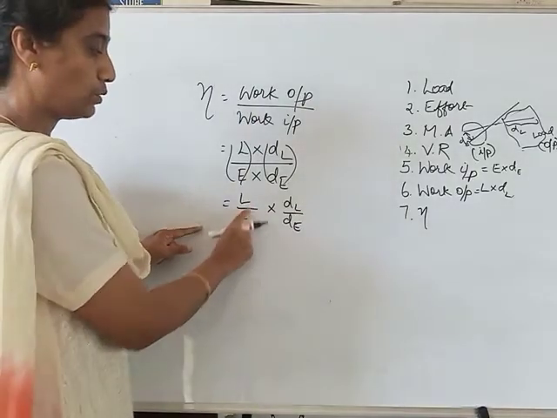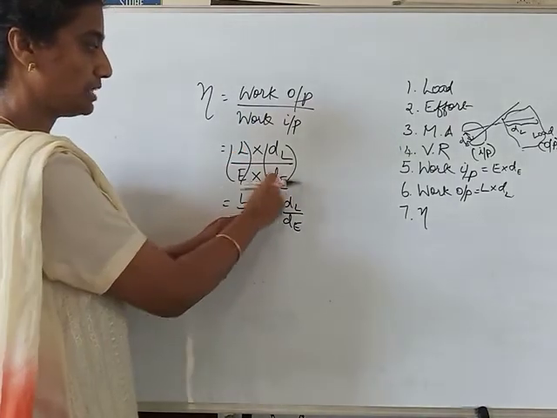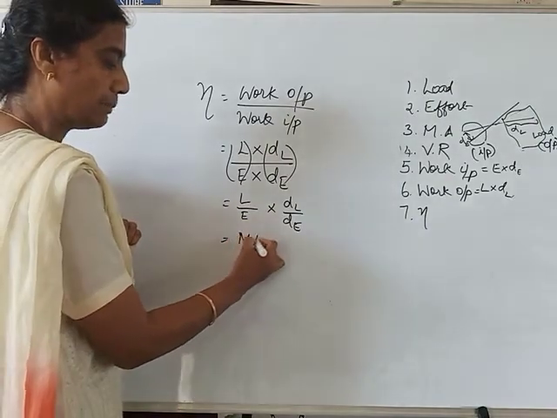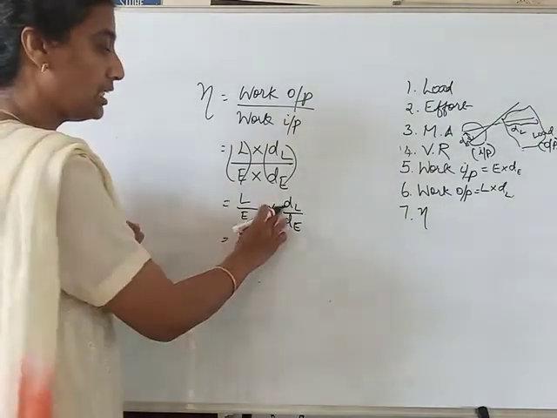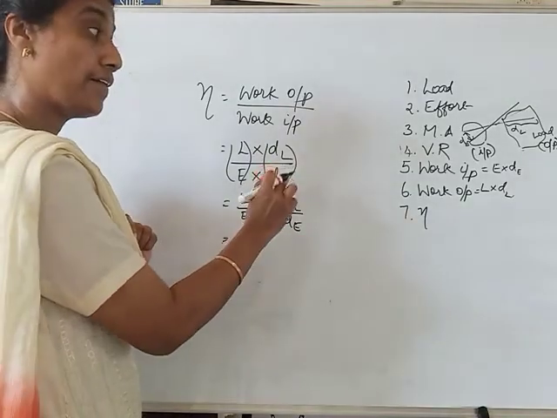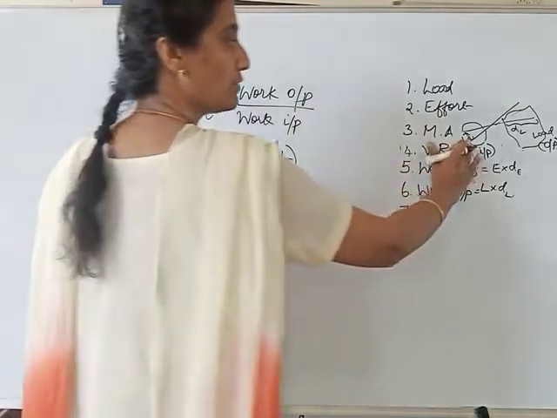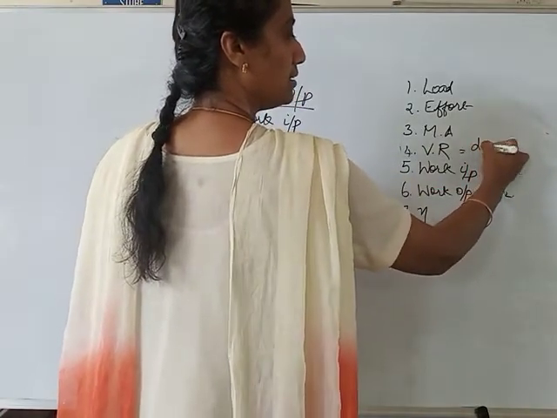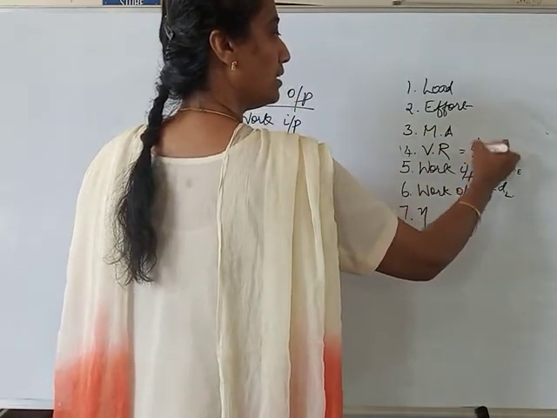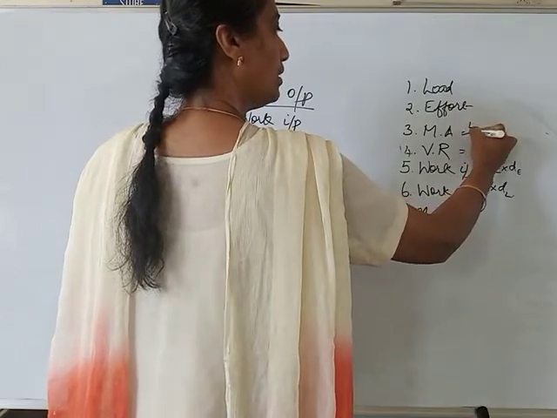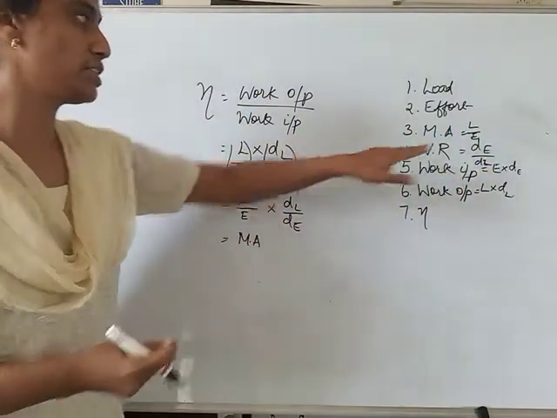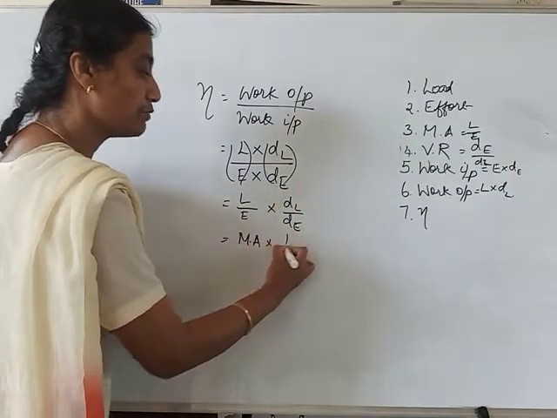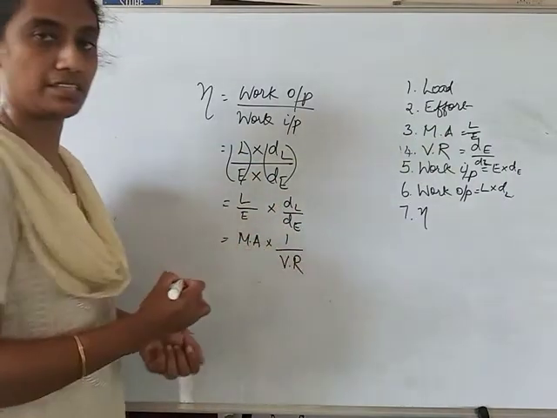Is it clear? Now load upon effort is the mechanical advantage. DL by DE is 1 upon velocity ratio, because velocity ratio is dE by dL. So dL by dE is the inverse of velocity ratio.